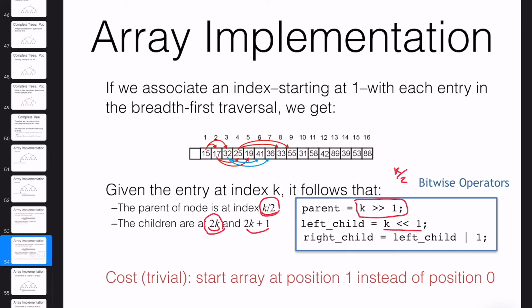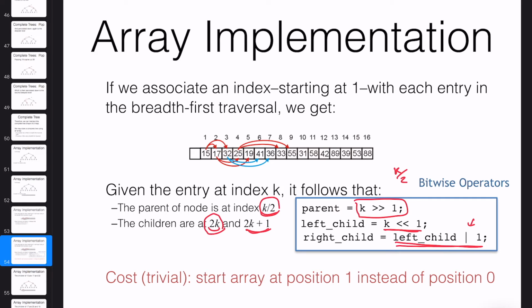Shift 1 bit, divide by 2. Shift 2 bits, divide by 4, and so on. And how to get 2k plus 1: shift to the left by 1 bit and then apply the OR operator with 1, which is again a bitwise operator.